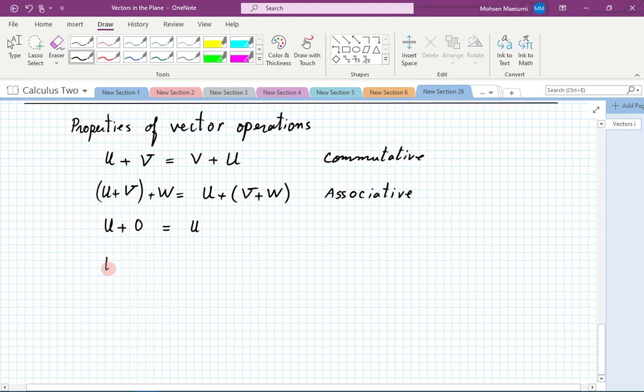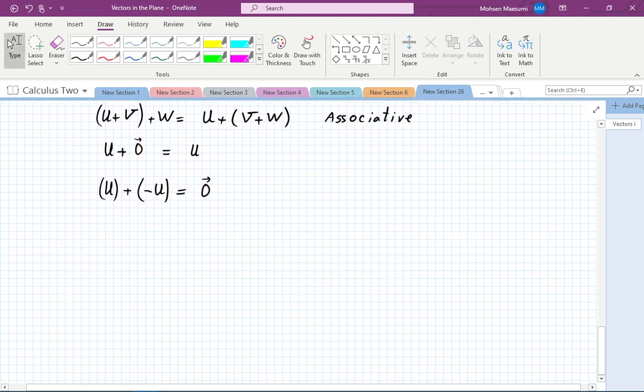Each vector has, if you wish, a sister vector or brother vector that's called the negative of that vector. If you add them, you get zero. Let's emphasize here, this is the zero vector, not a single zero. Rather, it's a list of zeros, zero displacement.